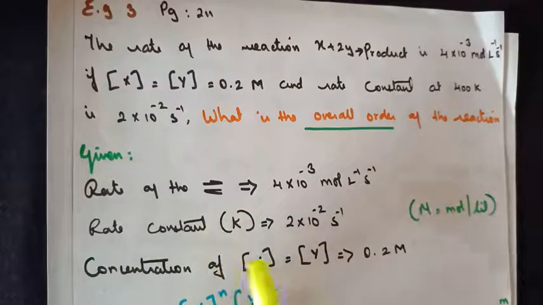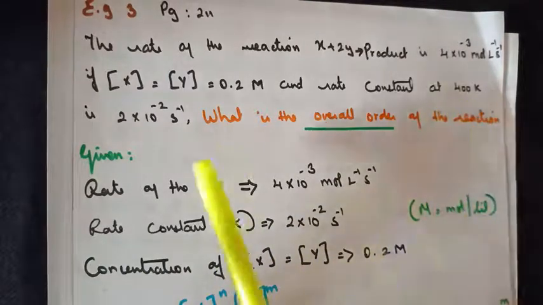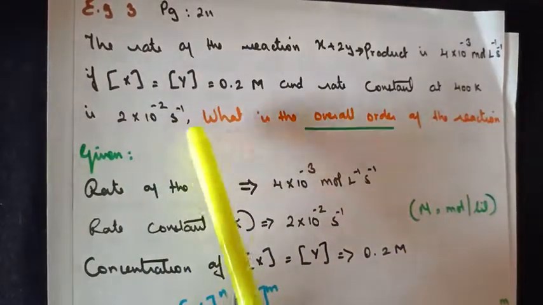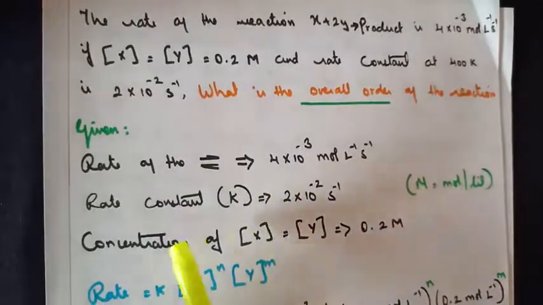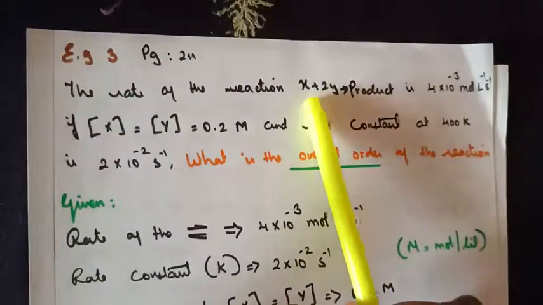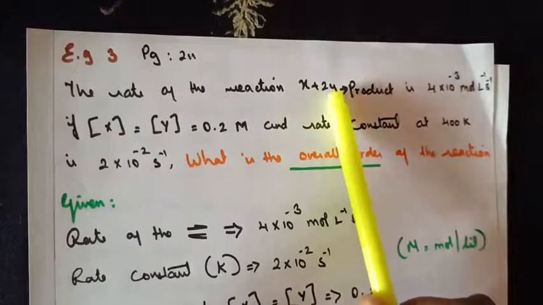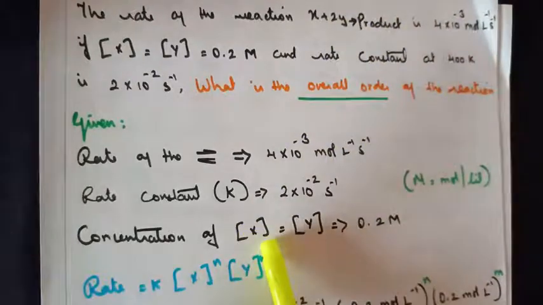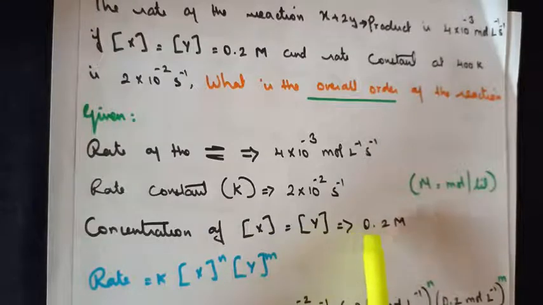The rate constant value is also given, 2 into 10 to the power minus 2 second inverse. Concentration of the reactants, how many reactants are there? X and Y. So the reactants are given under the given condition. Concentration of X is equal to Y is equal to 0.2 M.